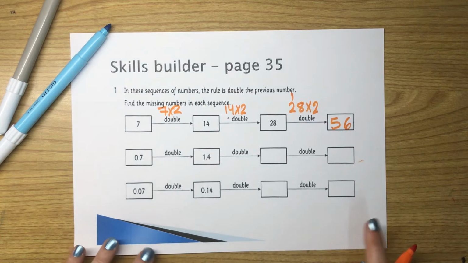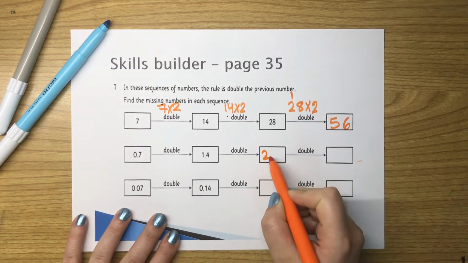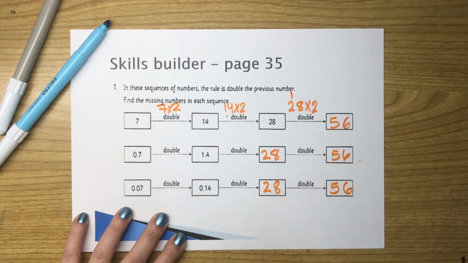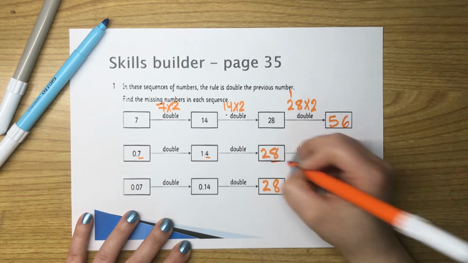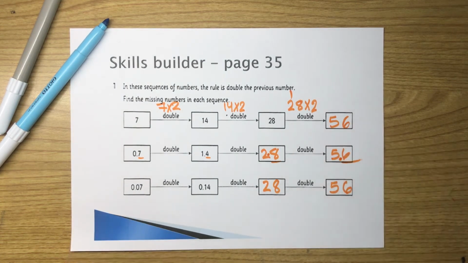I'm going to give you a moment so you can figure out how to double these numbers in sequences for these decimal numbers. Okay, here is 28, here is 56. 1 place decimal point, 1 place decimal point, 1 place decimal point between the 2 and 8, 1 place decimal point between the 5 and the 6.